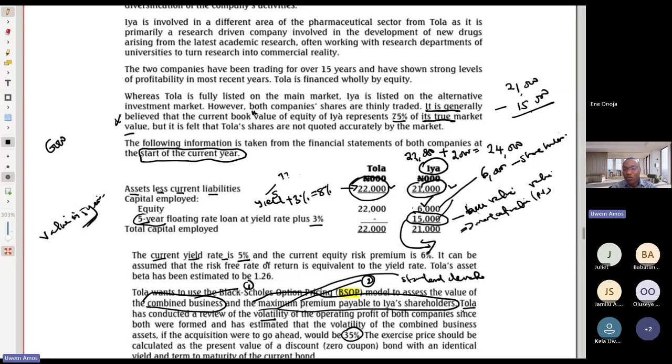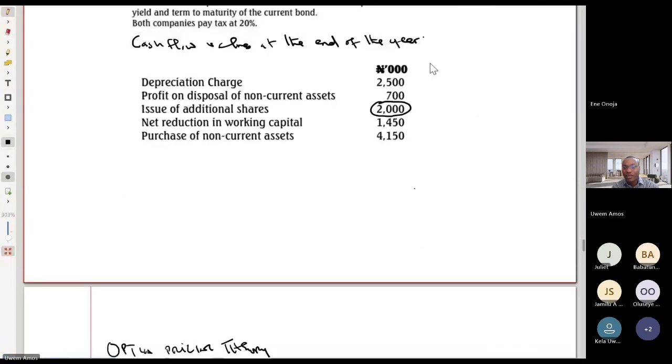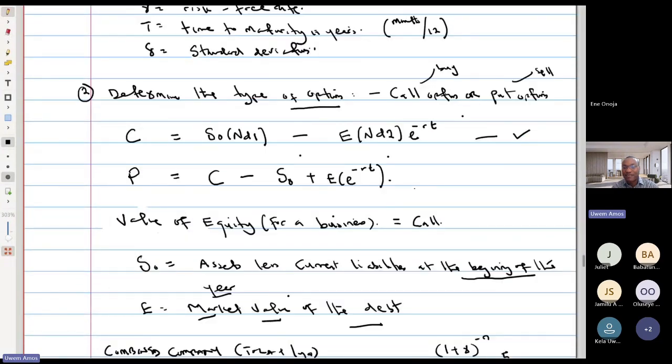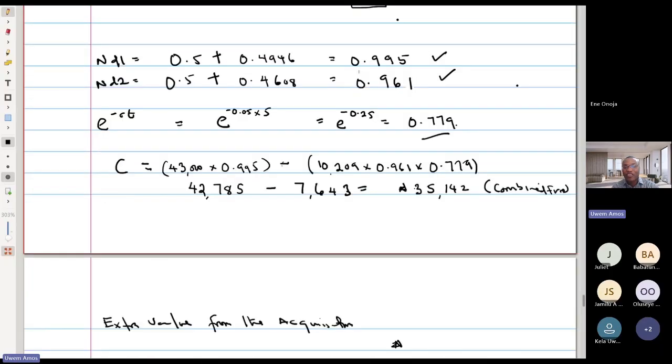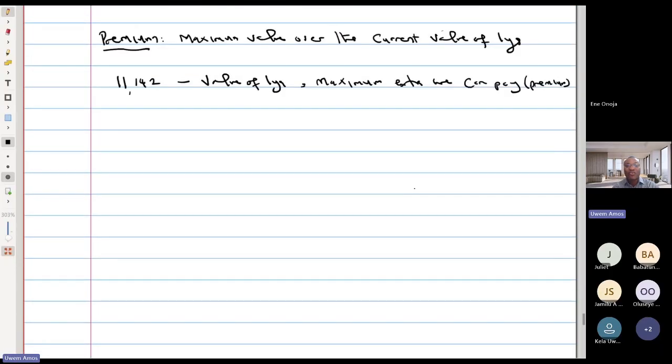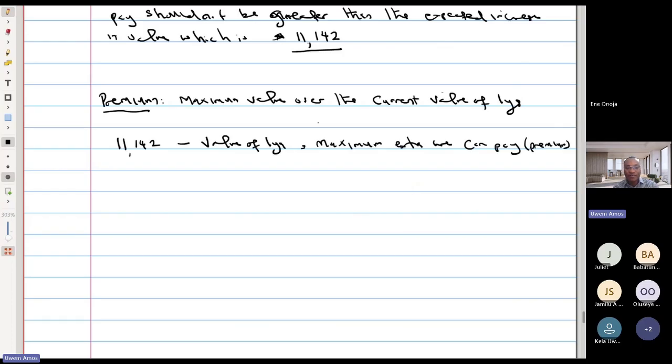So this 6,000 is not its true value, but it represents 75% of its true value. So what then is its true value? If 6,000 is 75%, what is 100%? That is pretty straightforward. That is basically 6,000 divided by 0.75.